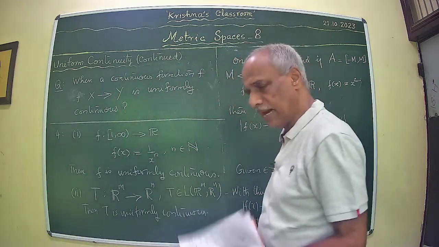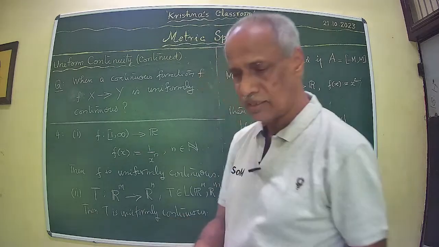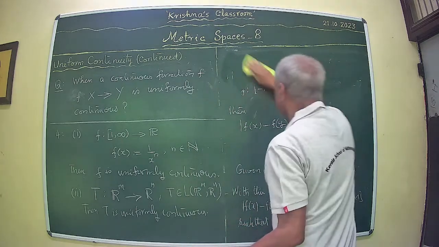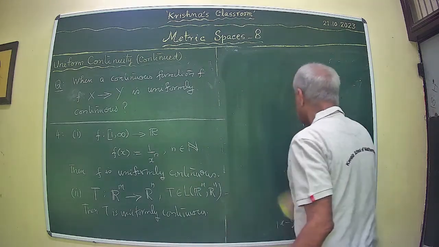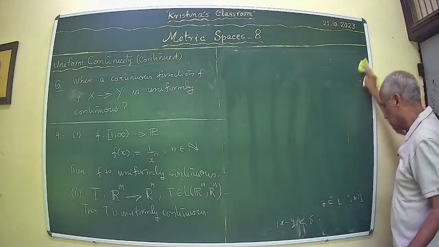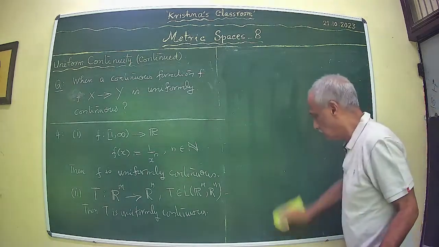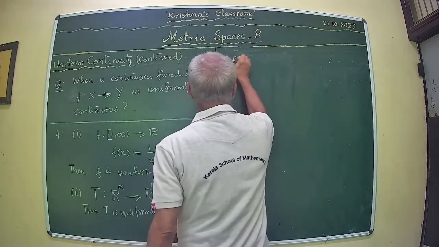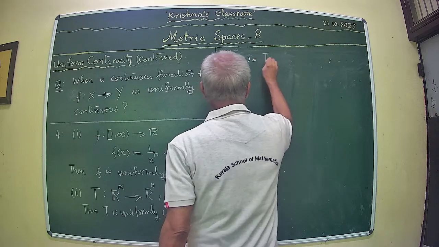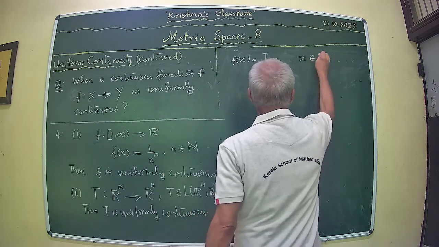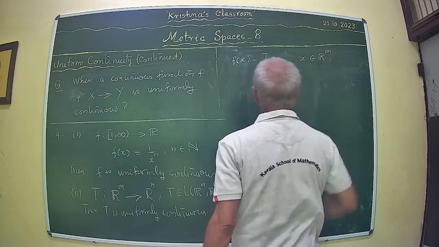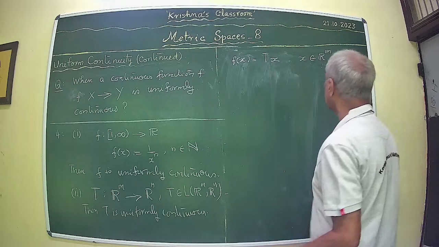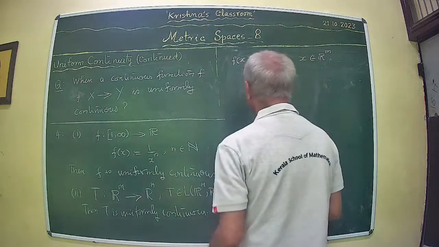Now, what you have is this. See, here, the crucial thing that you have is this. If T is linear, then you have, say, suppose f(x) equal to T(x). T is linear, then what you have is this.